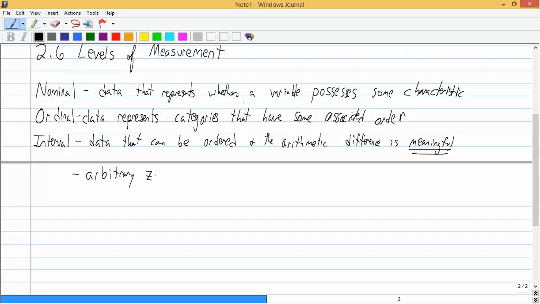Arbitrary zero value. Everybody understands zero, right? The lack of something is nothing, right? Nothing is zero. I saw that on TV the other day.